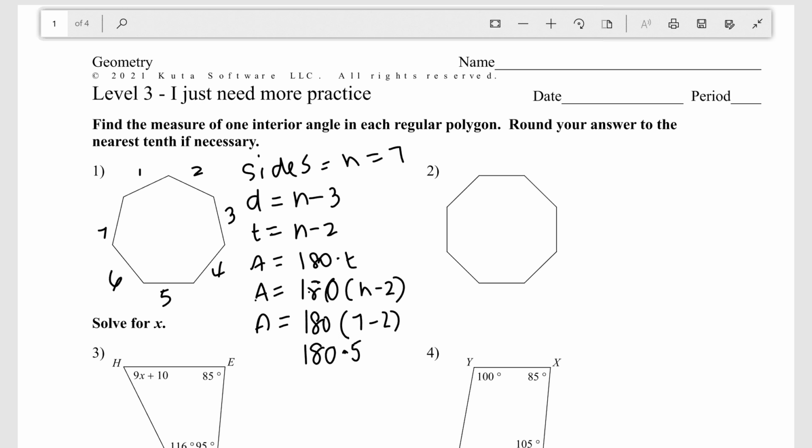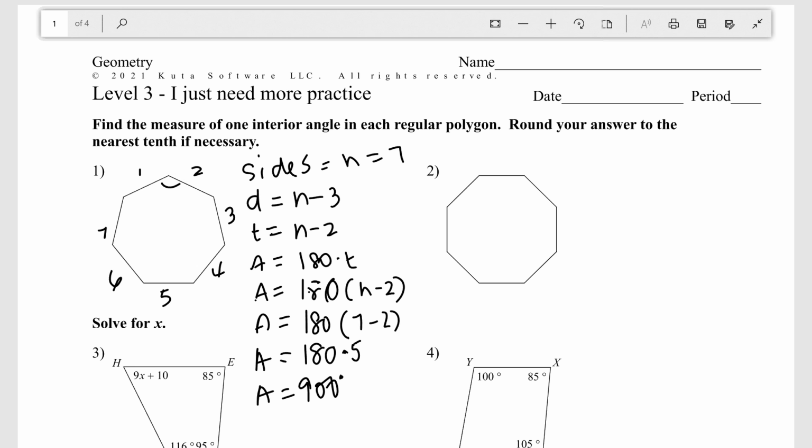So then it's really 180 times 5, which is equal to 900. Again, that is the total amount of degrees within my regular polygon with 7 sides.